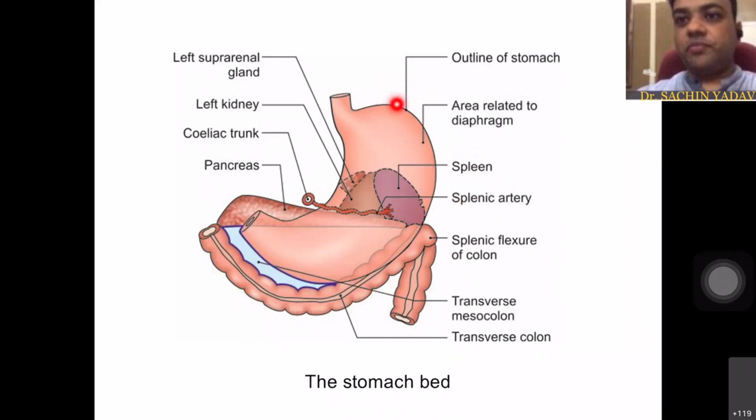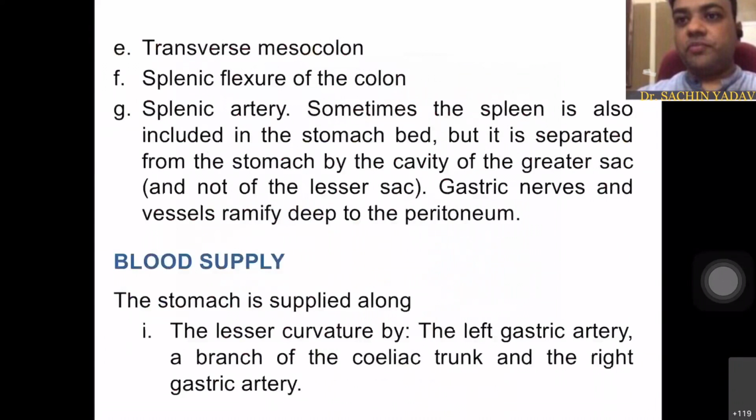So the greater curvature is attached to the greater omentum. We have seen the lesser omentum, greater omentum, lesser sac, and greater sac in the peritoneum. Now we'll see the blood supply. After that, I will tell you about the interior.